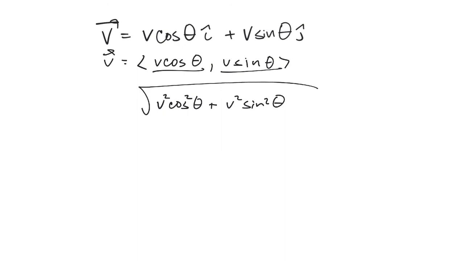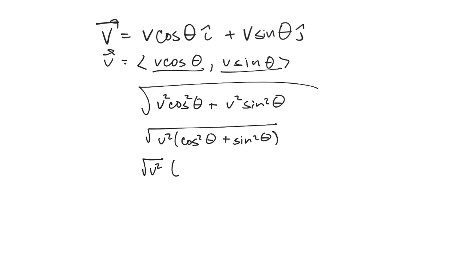Now, if you look at that and you're not familiar with trig, you probably think, ew, gross. But let's do a little bit of factoring here. We can factor out the v squared, so we get v squared times cosine squared theta plus sine squared theta. Then we can take the square root of each of those parts separately: the square root of v squared, and the square root of cosine squared theta plus sine squared theta.